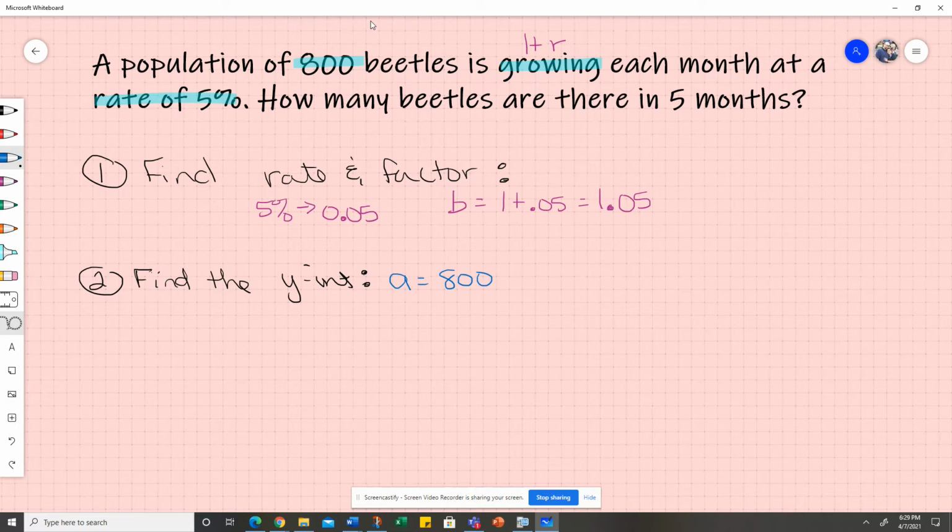Now we can write our function. I'm going to use variables that actually have to do with our situation. We're going to talk about beetles with respect to months.